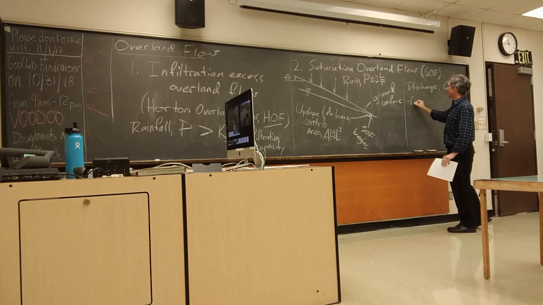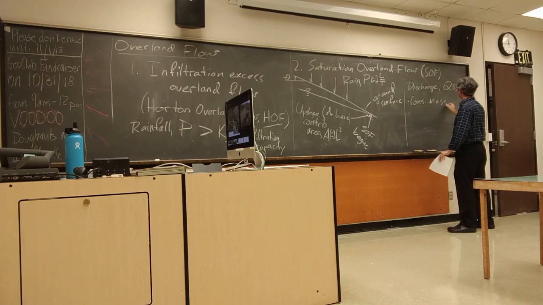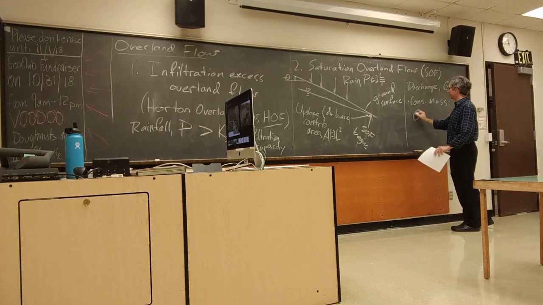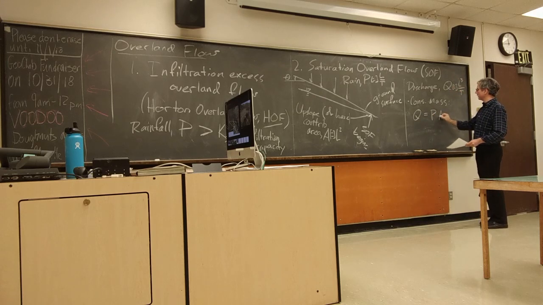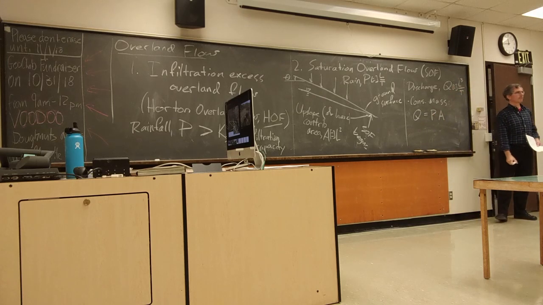Well, simple conservation of mass says that my discharge is equal to the precipitation rate times the contributing area. I mean, those are the only two things I drew the units up for, and put them together and I get the right units.